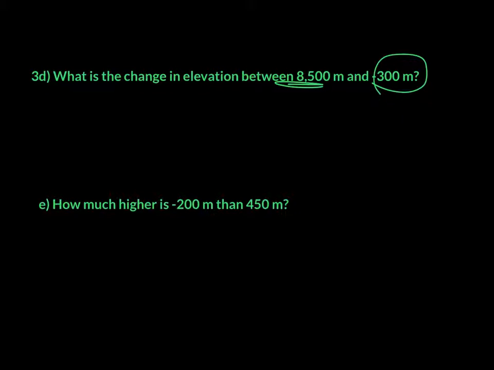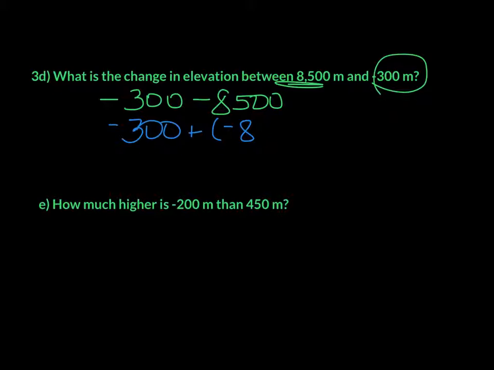So when I set this up, I'm going to have negative 300 minus 8,500. And then I get to stay, change, change, cha-cha-cha. And now my signs are the same. Find the sum.